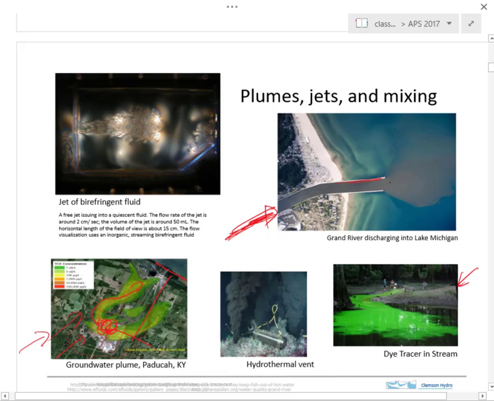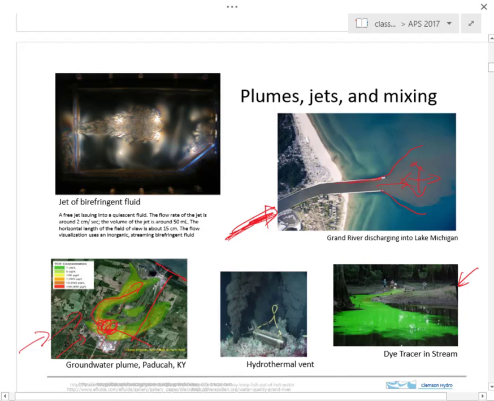Can you see this color sufficiently to see this plume that kind of spreads out like that? So the flow is coming out, and we're having spreading in this direction, and there'll be some spreading as well in that direction. So this jet carries sediment mass into Lake Michigan.